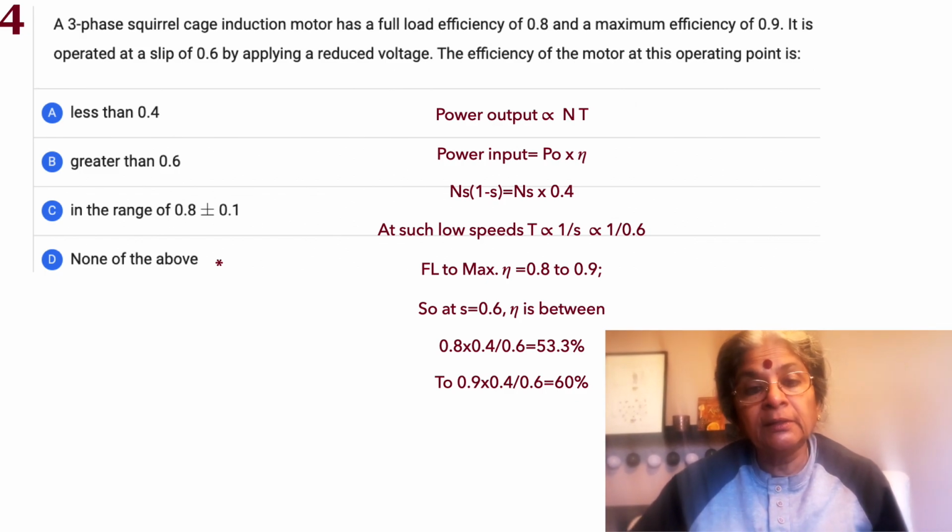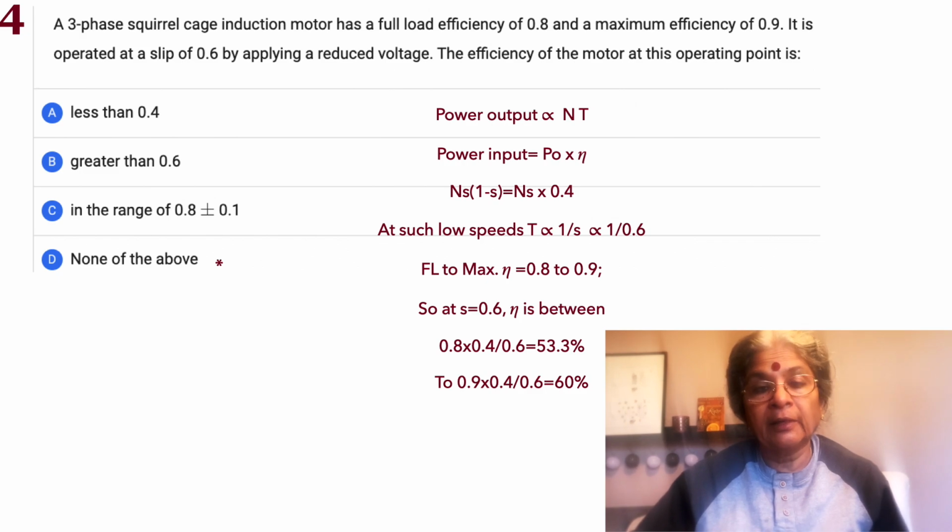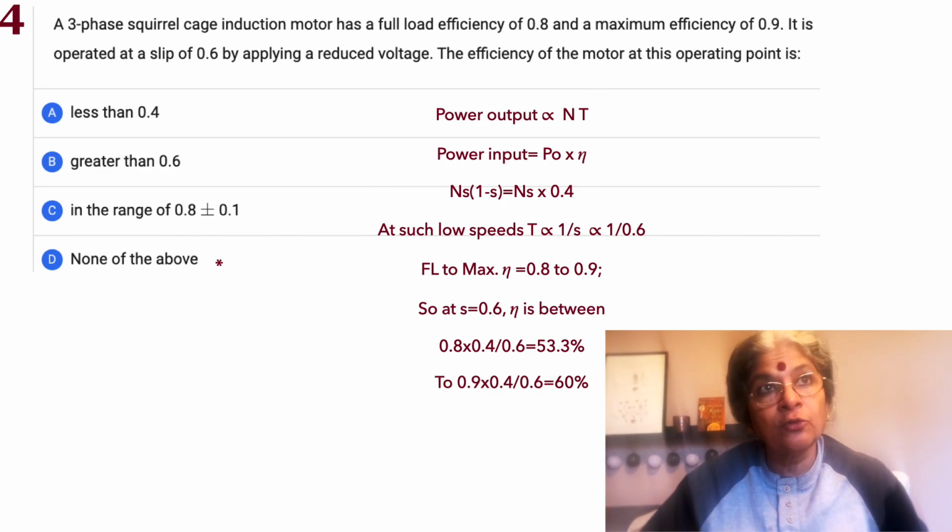So 0.8 multiplied by 0.4 divided by 0.6 gives a range of efficiency equal to 53.3%. The other extreme end is 0.9 multiplied by 0.4 again, because speed has reduced to 40%, and inversely proportional to 0.6. So 0.9 into 0.4 by 0.6.